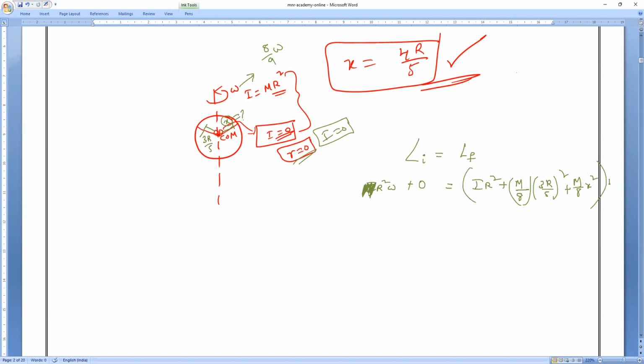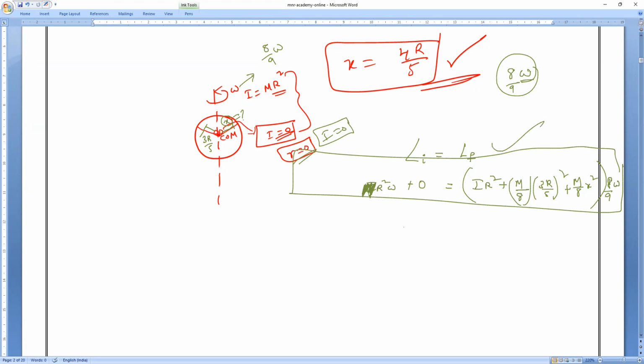What angular velocity have they given after the balls are moving, guys? 8 by 9 omega. If you solve this equation, you'll get the answer: x is equal to 4 by 5 R. That is the answer.